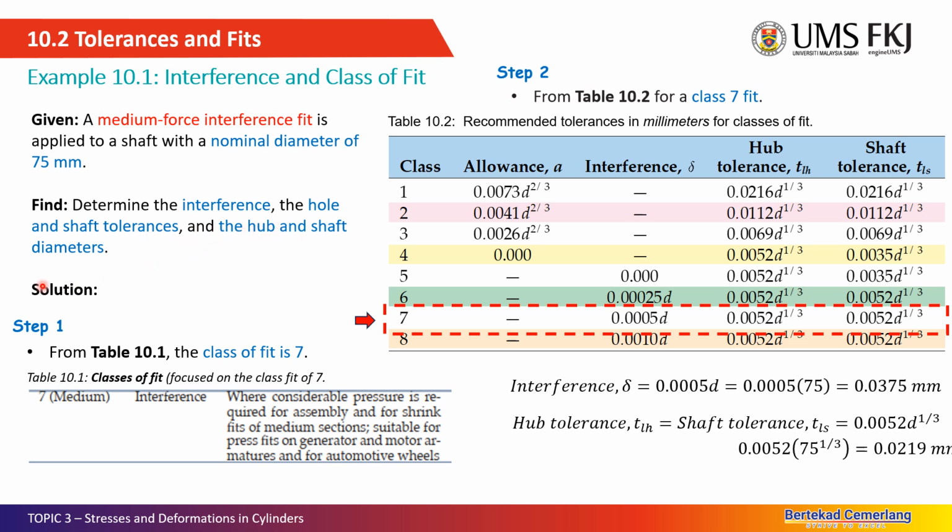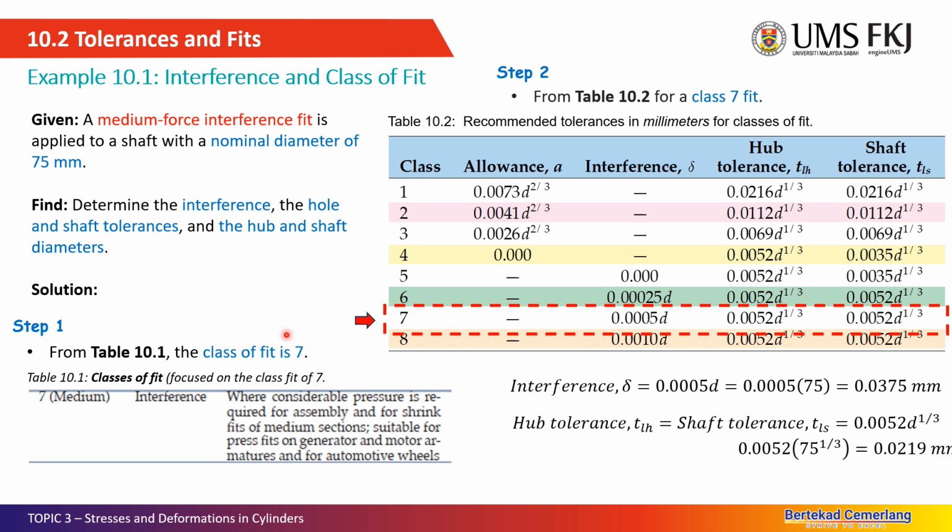So how are we going to solve it? Remember, we start with the first step, table 10.1, class of fit. How do we know? They mentioned that this is a medium force interference fit, so it is actually class 7.